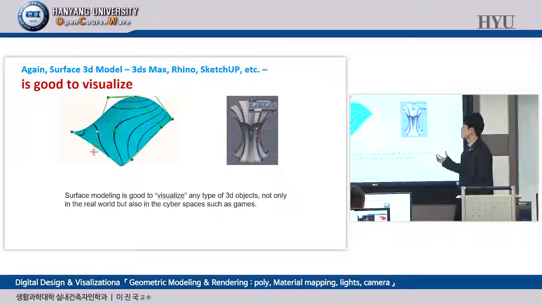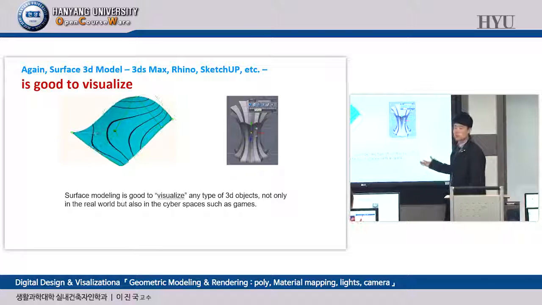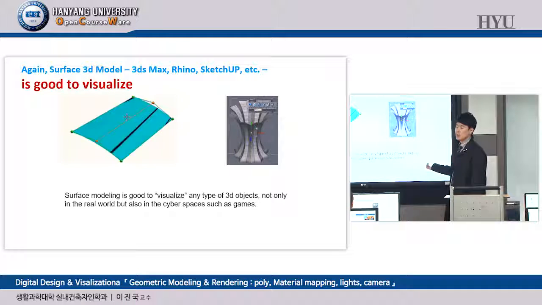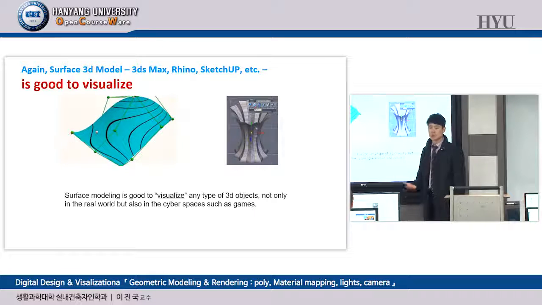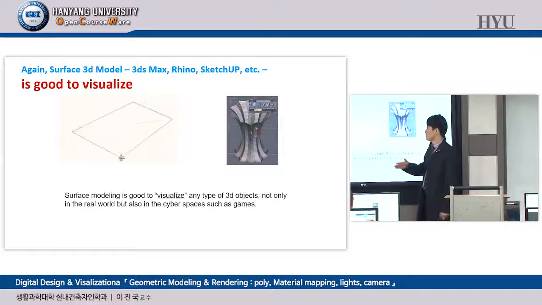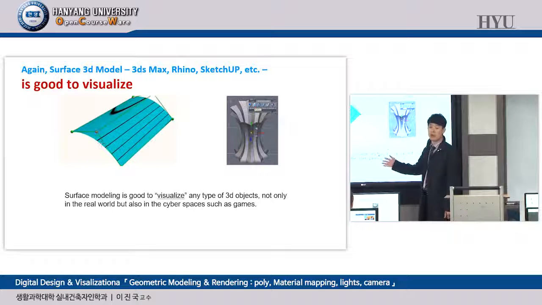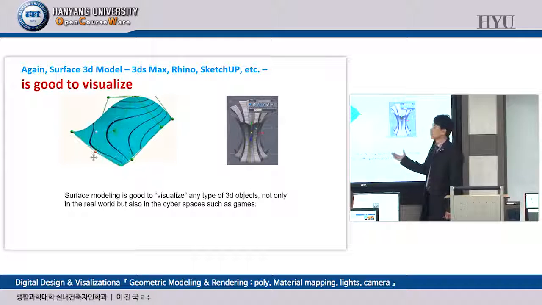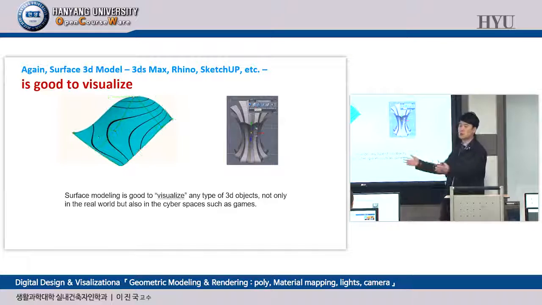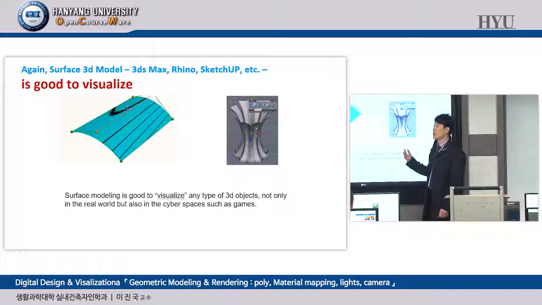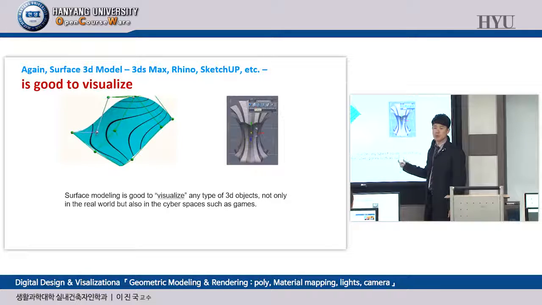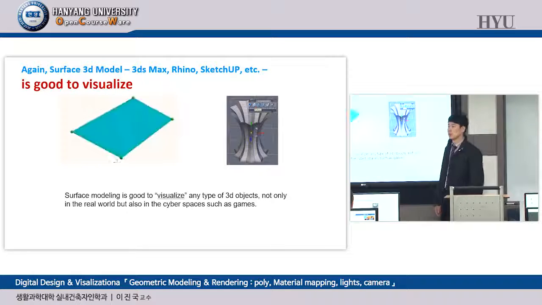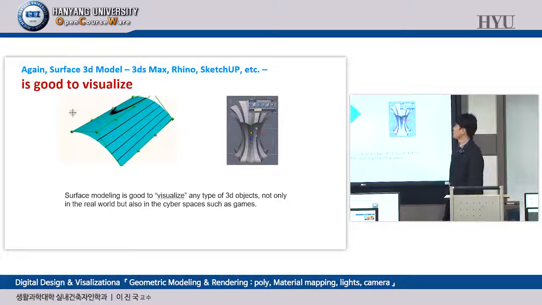Later on, we're going to make some building models using BIM tools, Revit, and so on. So when you need only visualization, you need to take advantage of the surface-based model and its visualization. You don't need to make the entire world, okay? That's why defining the universe of discourse of this course is the most critical when you get started with your design, modeling, visualization, rendering, and so on.